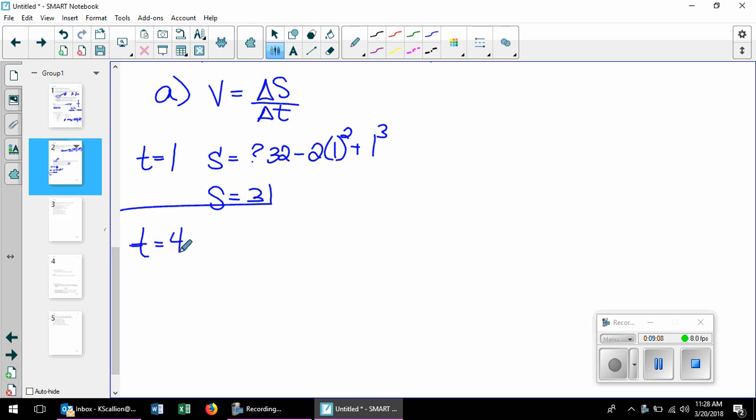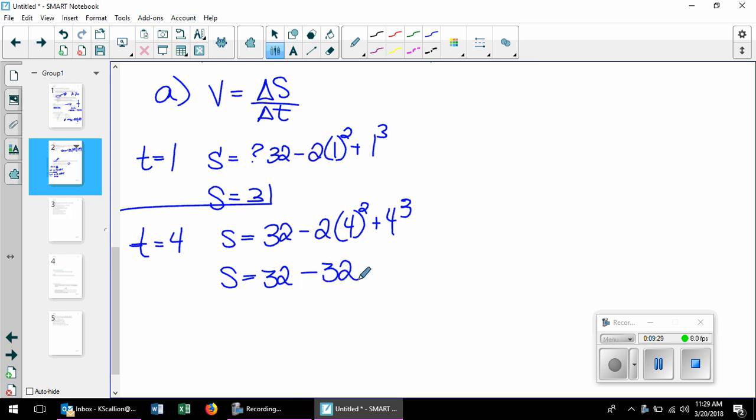This one's going to be harder. 4 to the exponent 3 is 64. So we needed to do that little bit of math first. None of that was rocket science. I have faith that you can do all of this.